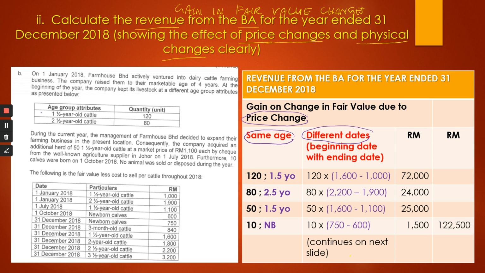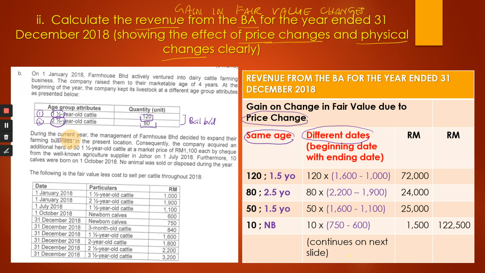The first age group is this 1.5 year. Second age group is this 2.5 year, and this is the units, right? And then you have another one. This is the one coming from the beginning balance, which is from the previous year that has been brought forward.